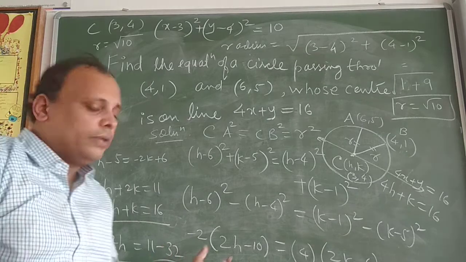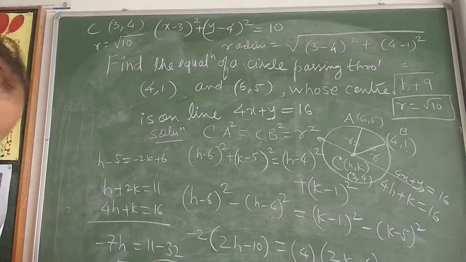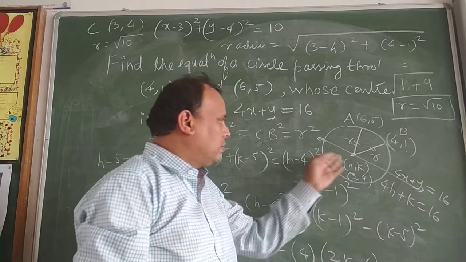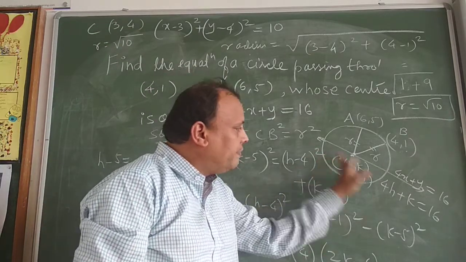So like this you can solve other questions also. There are so many questions in the exercise, and whatever doubts you have, you can ask. Is that clear? Okay. So in this way you can solve different questions related to different conditions.